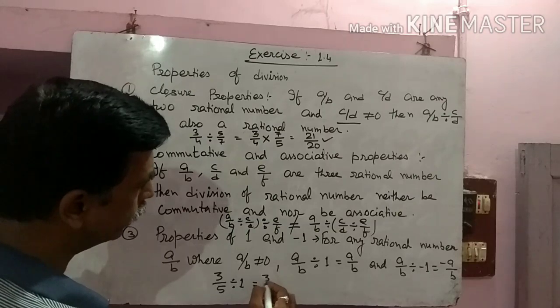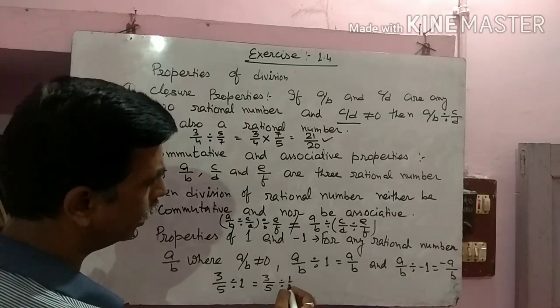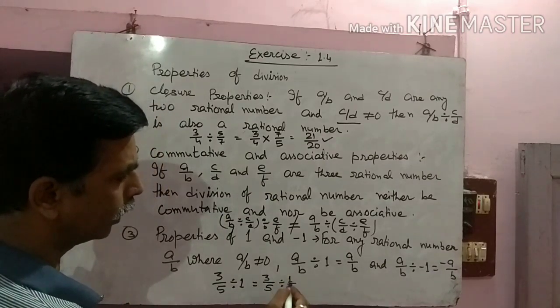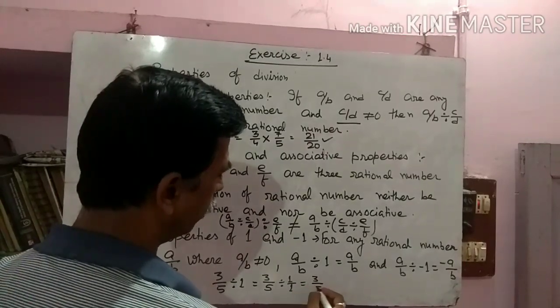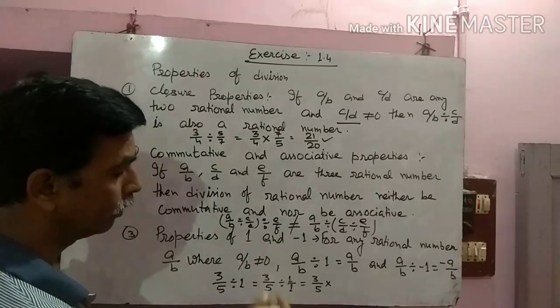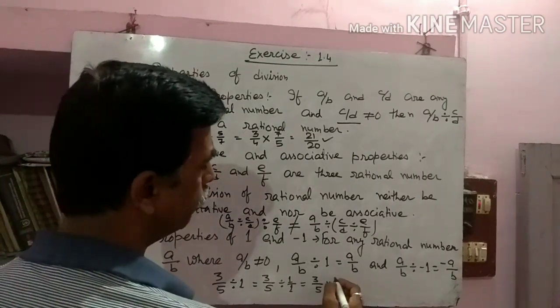3 by 5 divided by 1 by 1. 1 can be written as 1 by 1. So in that case it is 3 by 5, and if we change the sign of division to multiplication, then we take the reciprocal.